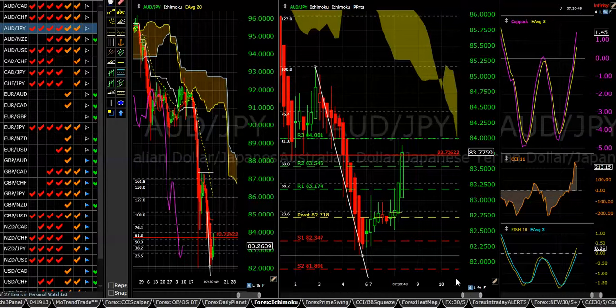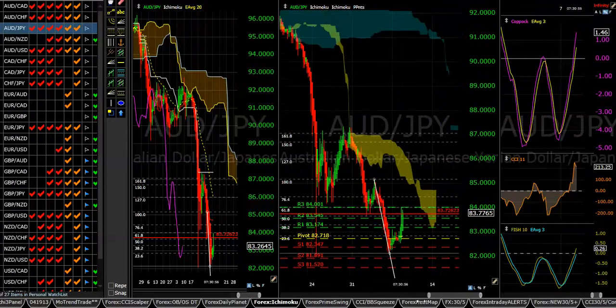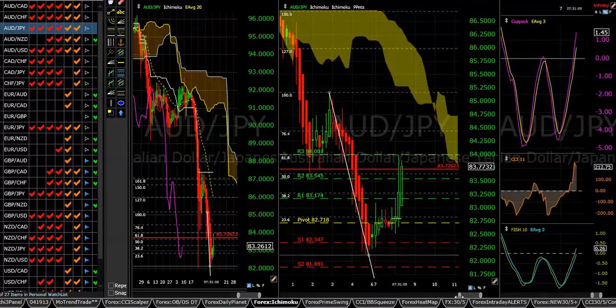Overhead we have the 4-hour Kumo, which is a shorter time frame, of course, than the daily. And above that, if we stretch it out, you can see there's also a 16-hour Kumo that's overhead on that 4-hour chart. Sorry for all the noises this morning.